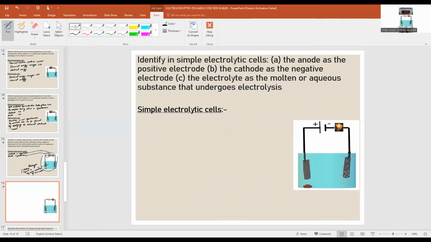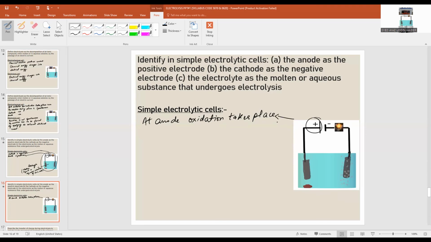So at anode, oxidation takes place. Where's the anode? This one is the anode. So you have loss of electron.